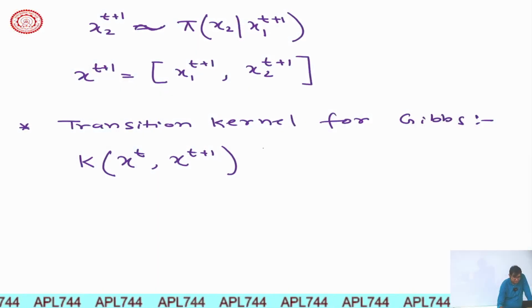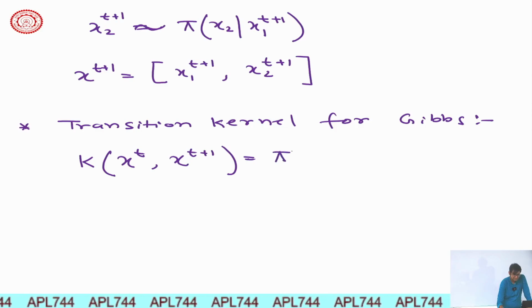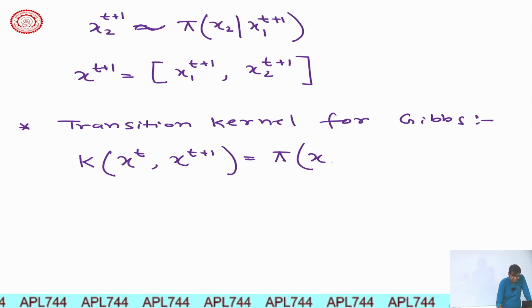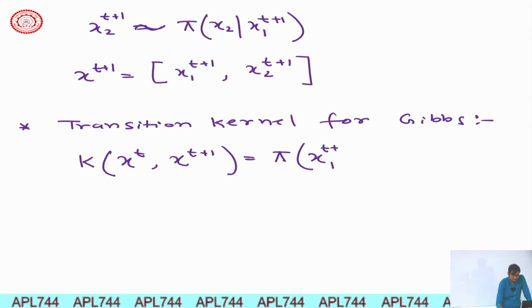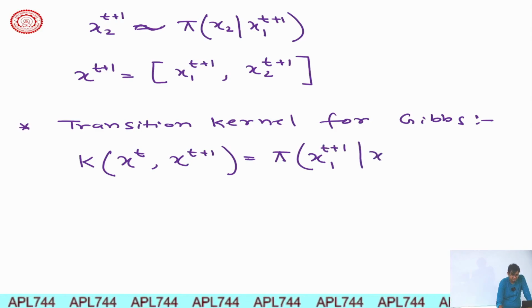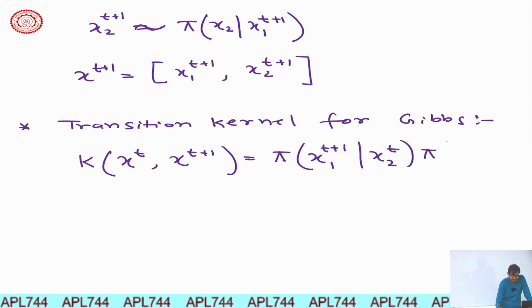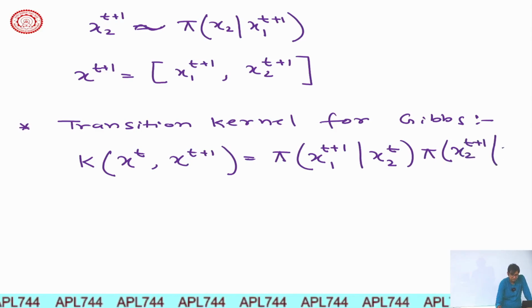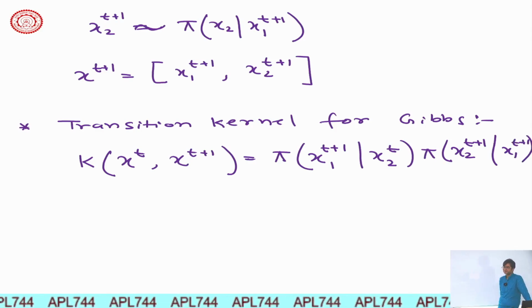First, you are drawing a sample from pi of x1 t plus 1 given x2 t, multiplied by pi of x2 t plus 1 given x1 t plus 1. That's all you are doing, right?